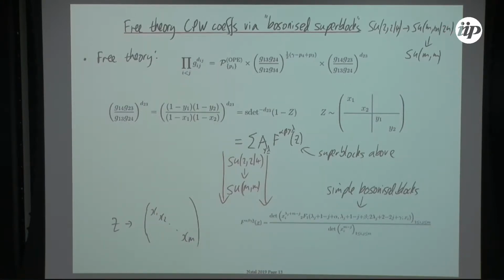In the free theory, all the terms are combinations of propagators, in terms of the eigenvalues of this cross ratio matrix, where this is x bar, y and y bar.